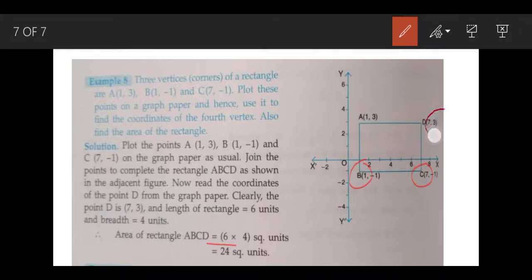Now this 3 minus of minus 1 is 4. So 6 into 4, 24. And as it is an area, so the unit is square units. Or we can easily count the number of squares and write it. Here there will be 6 squares and 4 squares, 6 into 4, 24. You can easily do it.